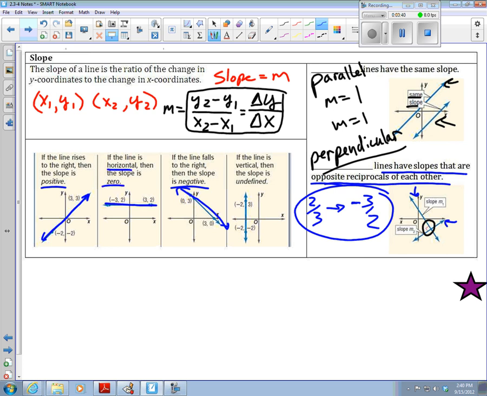And this one, going straight up and down, has an undefined slope because you cannot divide by 0. If you find the slope between -2 and 3 and -2 and 2, you'd get some number over 0, and you can't divide by 0, and that's why vertical lines have an undefined slope.